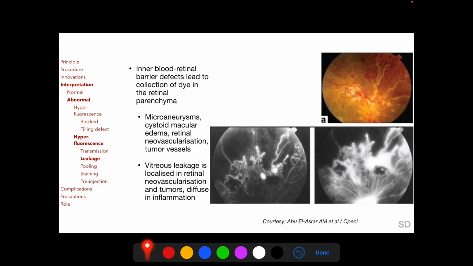And inner blood retinal barrier defects can also lead to vitreous leakage, which is localized over retinal neovascularization and tumors but is diffuse in case of intraocular inflammation.